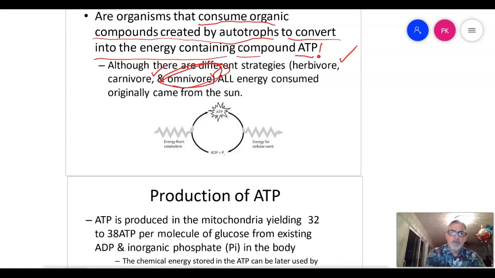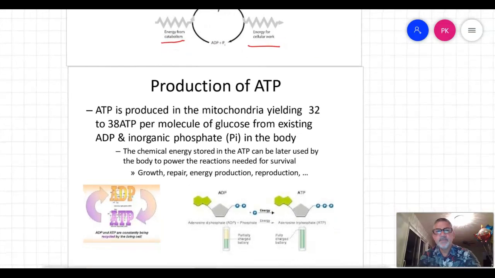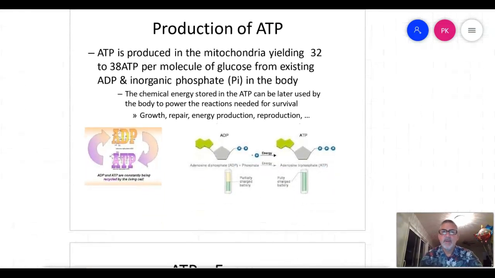So remember, I get energy from catabolism, the breaking down, to build ATP, and then in an anabolic reaction, I have energy for work, right? Production of ATP. Most of what we're going to do today, and then again next week, is focus on the production of ATP.